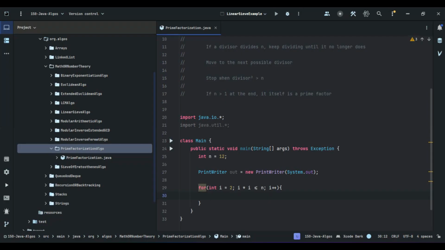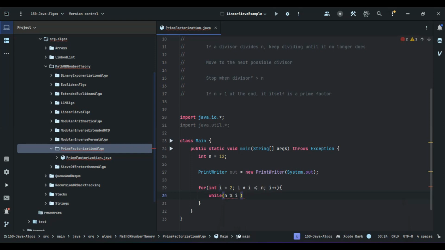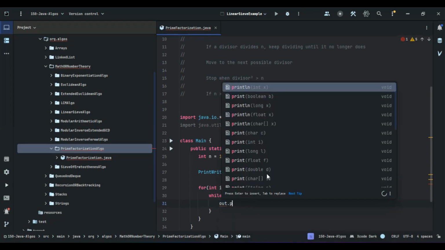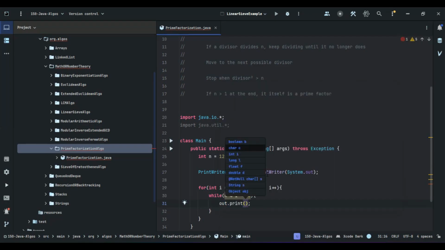So while n modulo i is equivalent to 0, if the remainder is 0, then as we have considered print writer, instead of System.out.println, I'll go with out.print.